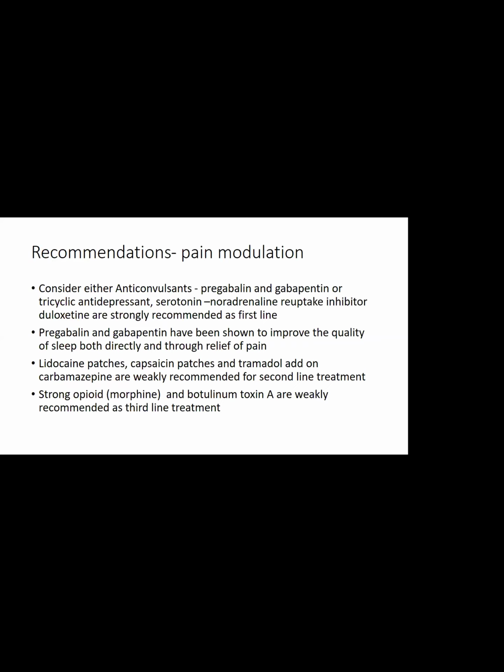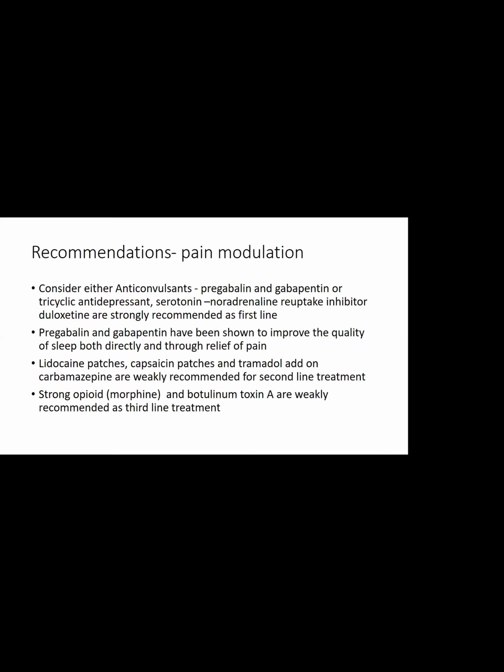What are the recommendations? How do we apply all these things that I have said? Number one, first line treatment is to consider anticonvulsants, pregabalin and gabapentin, tricyclic antidepressants, and serotonin noradrenaline reuptake inhibitors, which are strongly recommended as first line.